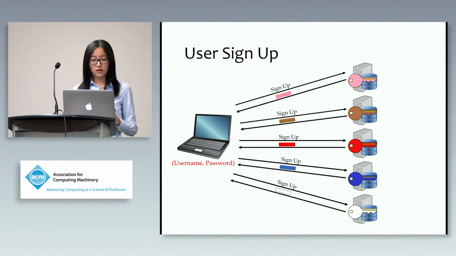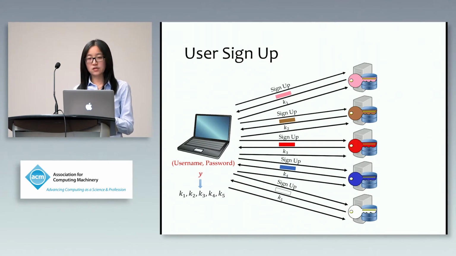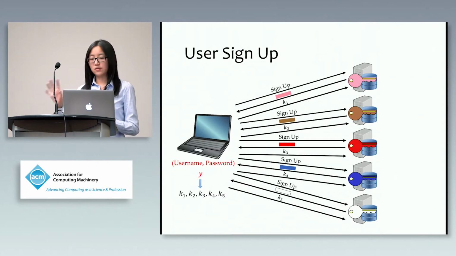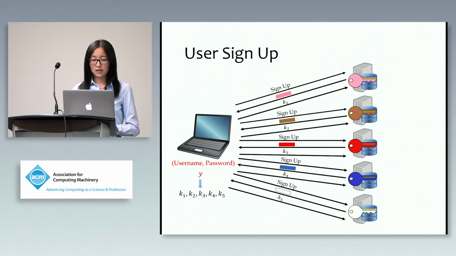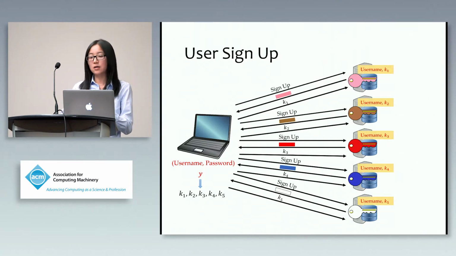At the end of the protocol, it will learn the PRF output Y. And then using this PRF value Y, it will derive a bunch of secret keys and send them back to the servers. K1 to the first server, K2 to the second server, and so on. At the end of the sign-up phase, every server will store the username along with the corresponding secret key.